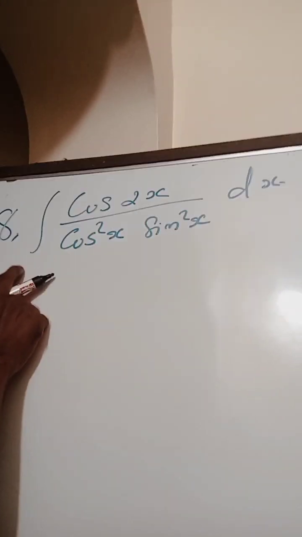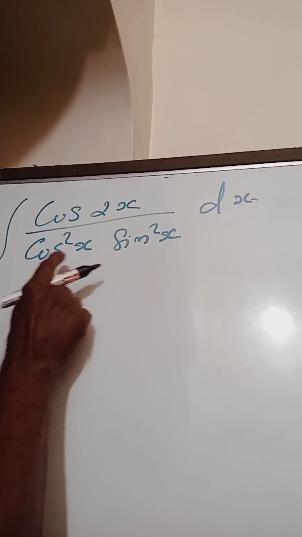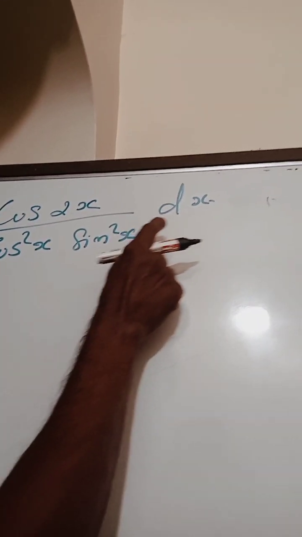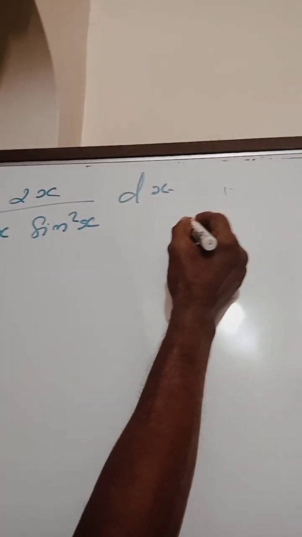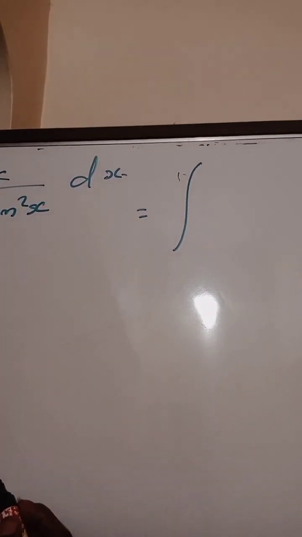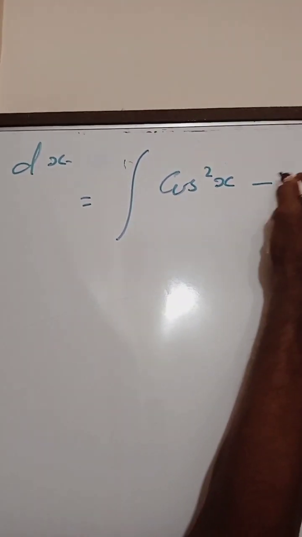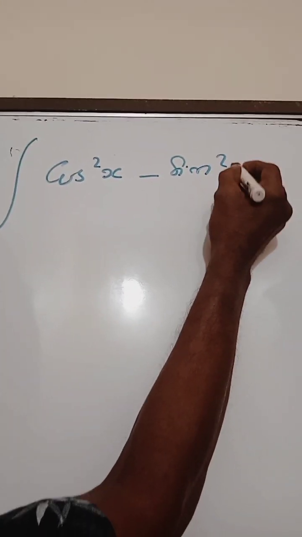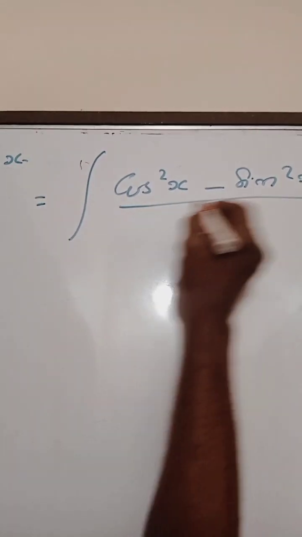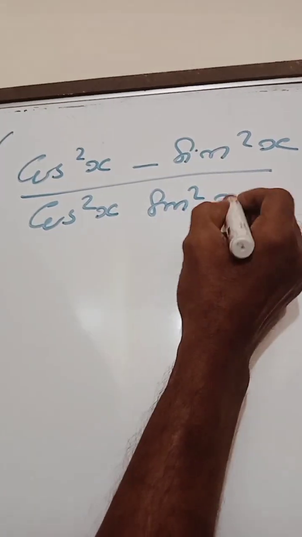Eighth question is integration of cos 2x divided by cos square x sin square x dx. This is equal to integration of, we know cos 2x is equal to cos squared x minus sin squared x, divided by cos square x sin square x dx.